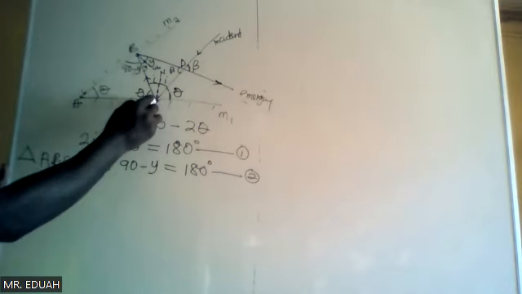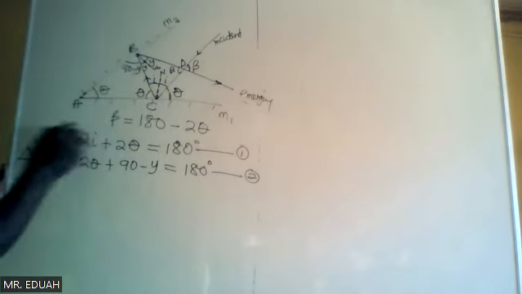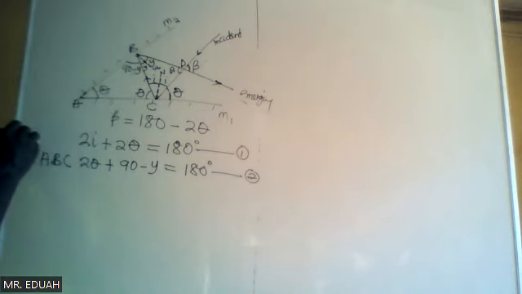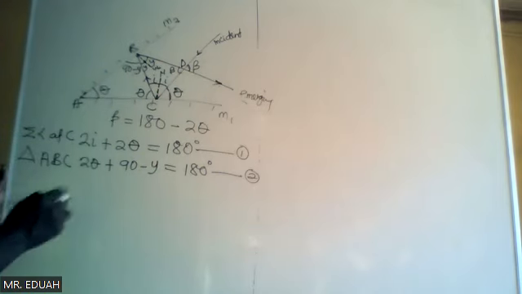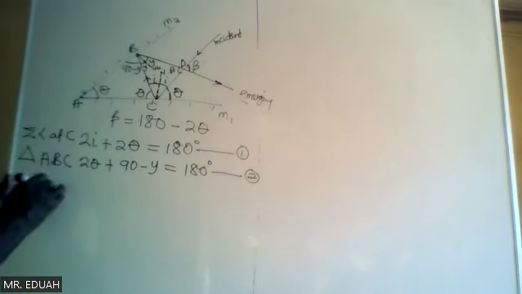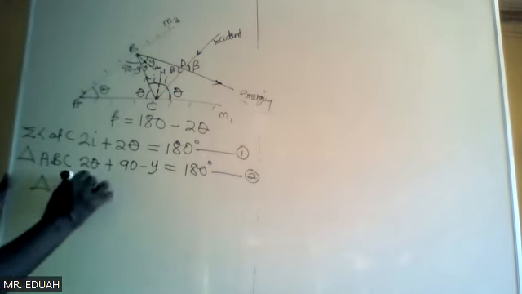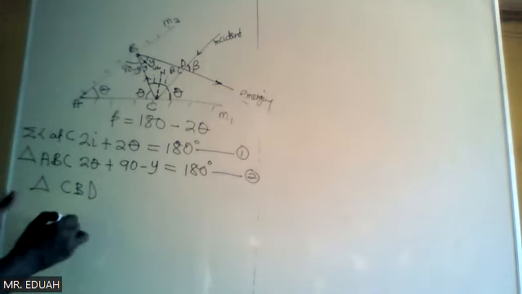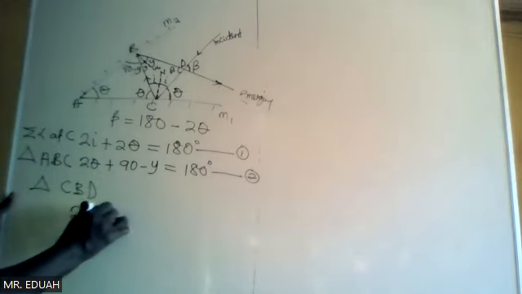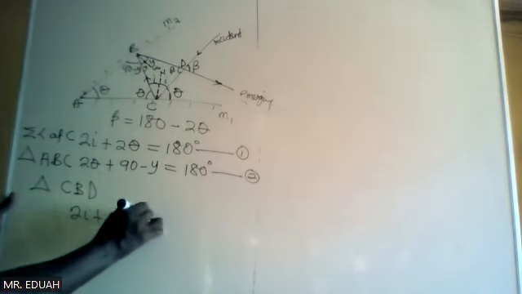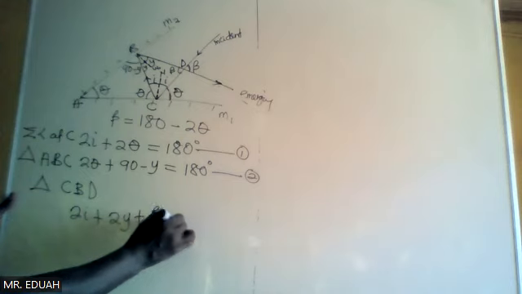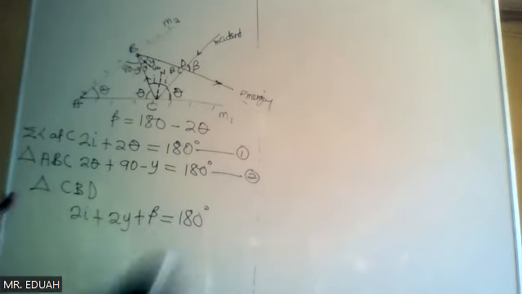This equation refers to the sum of angles at C. Then, when we look at triangle CBD, we can also say that 2i plus 2y plus beta equals 180 degrees.